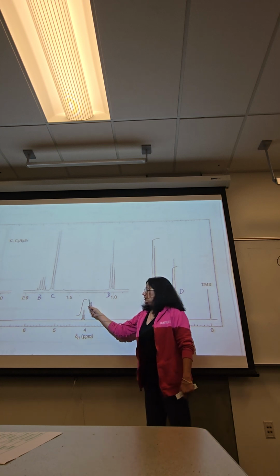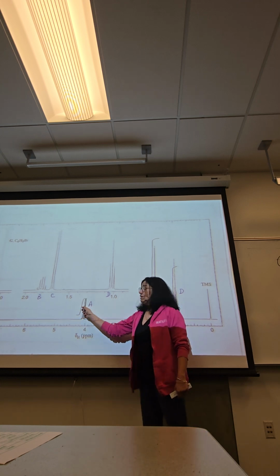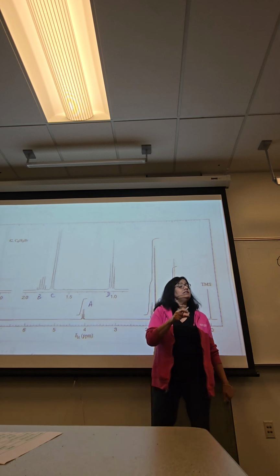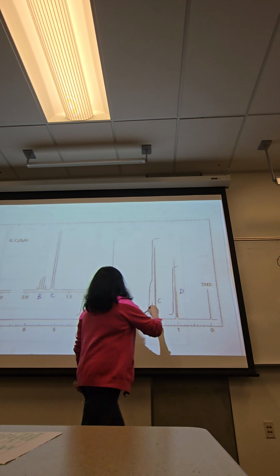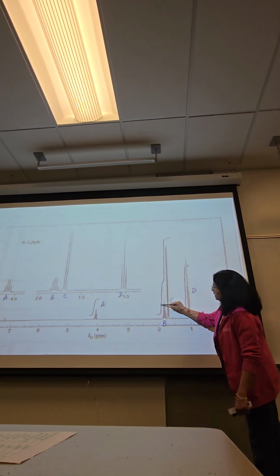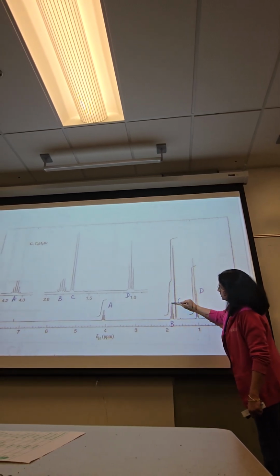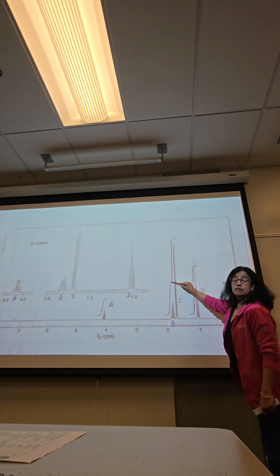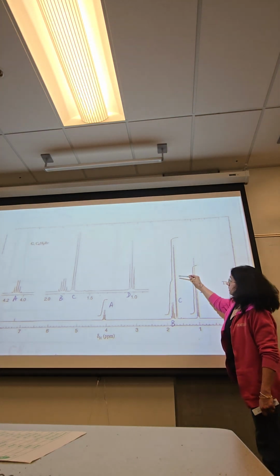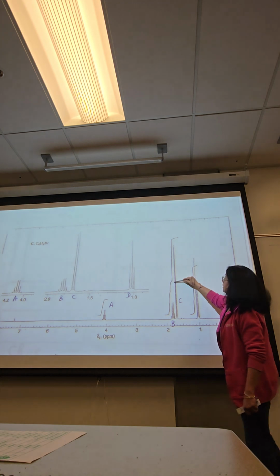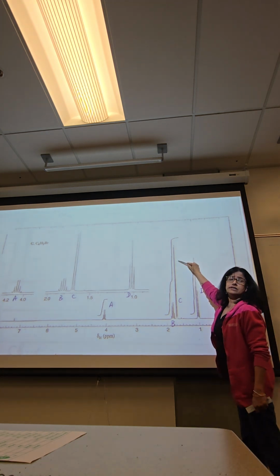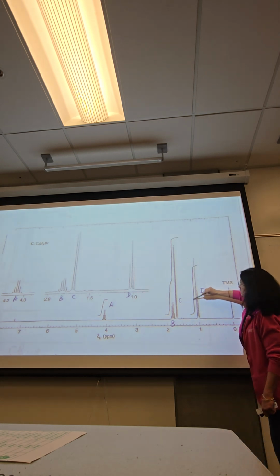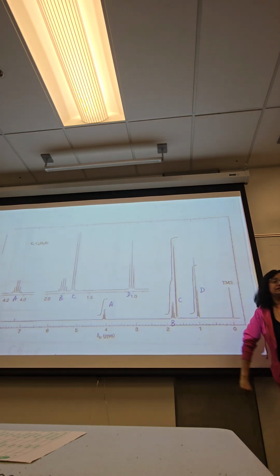This curve above signal A is giving me the integration for A. This curve ending right there, which is above signal B, is the integration for B. Starting from here, going all the way, covering signal C, is the integration for C. And this whole thing is the integration for signal D.